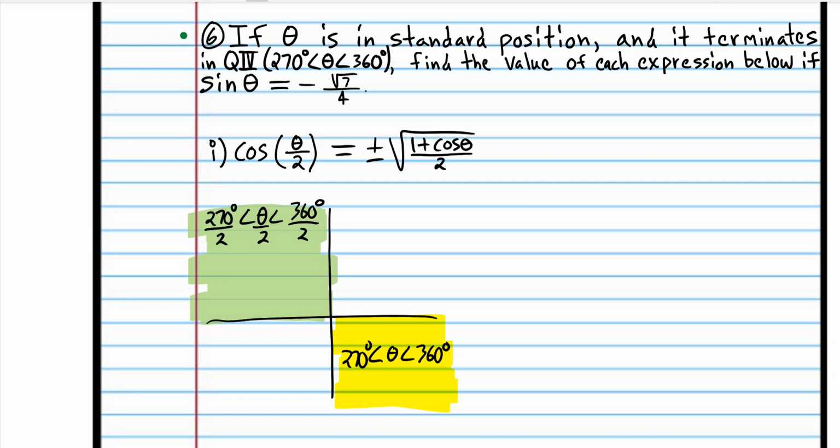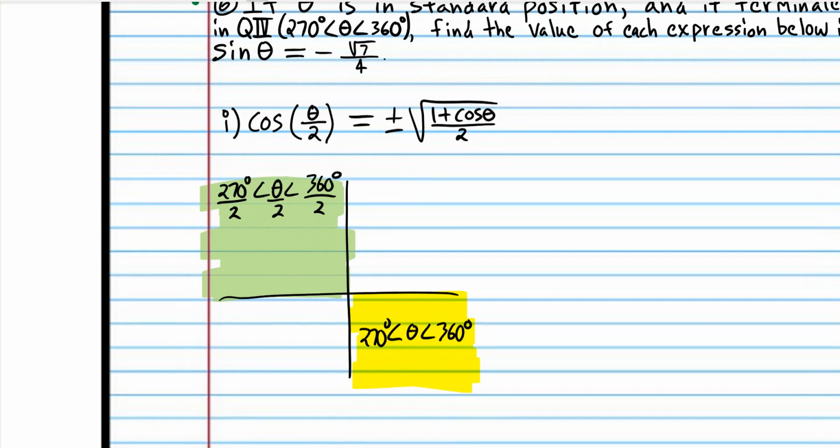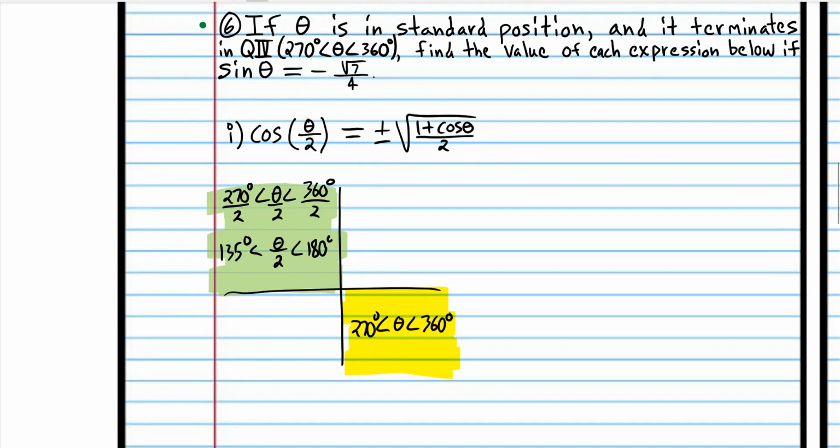And we get our new values, possible values for theta. So theta over 2 is between 180 degrees and 135 degrees. So that would be in quadrant 2.